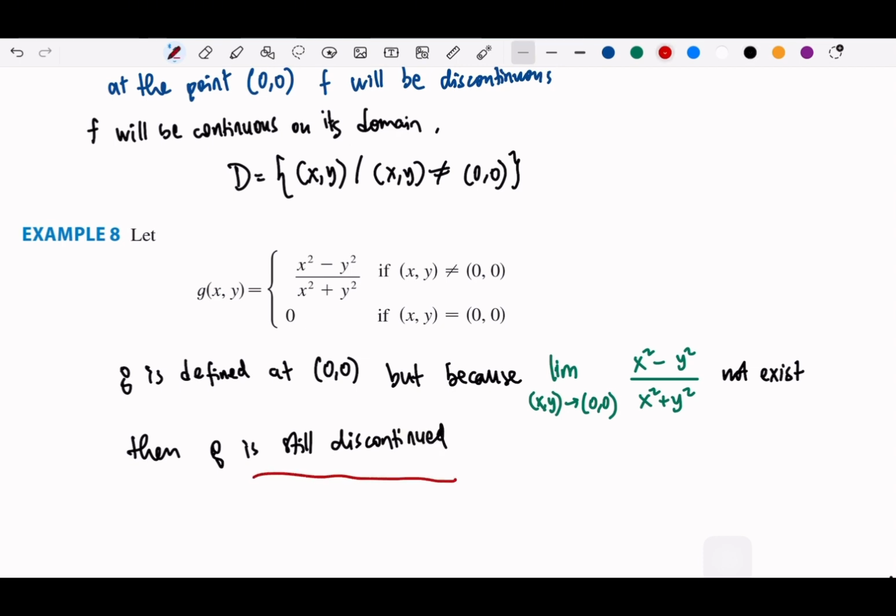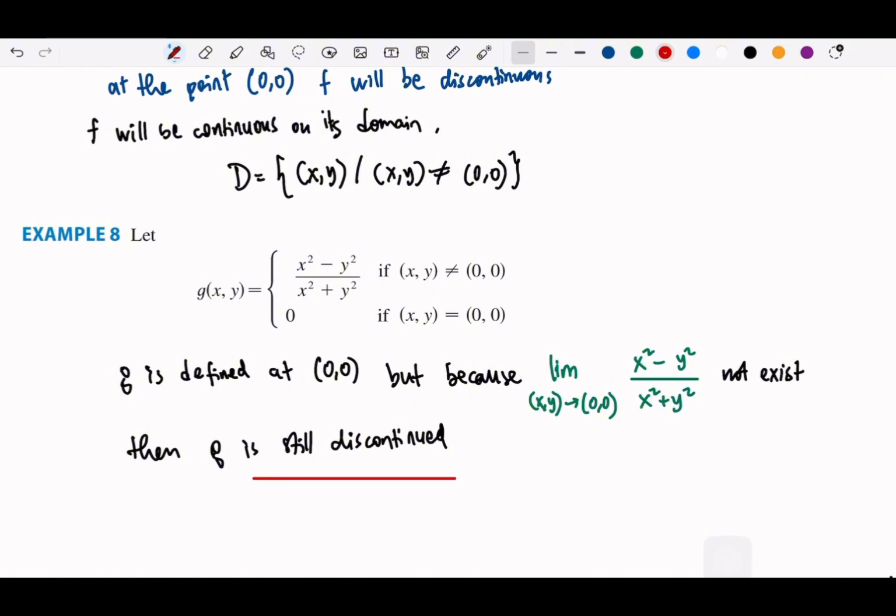So although we write in terms of piecewise, this is actually the same thing as the previous example, but this is a nicer and cleaner way to write a function.